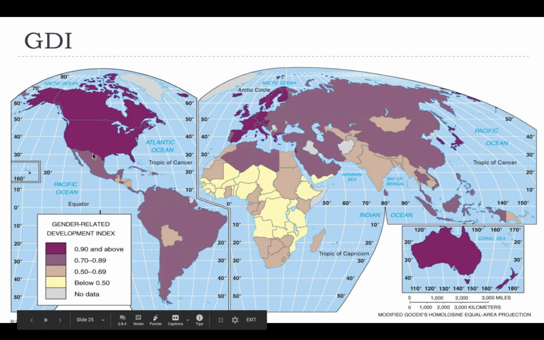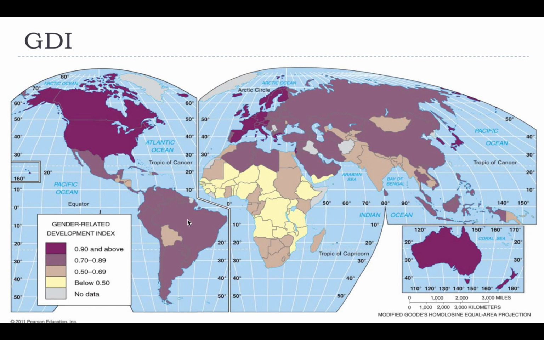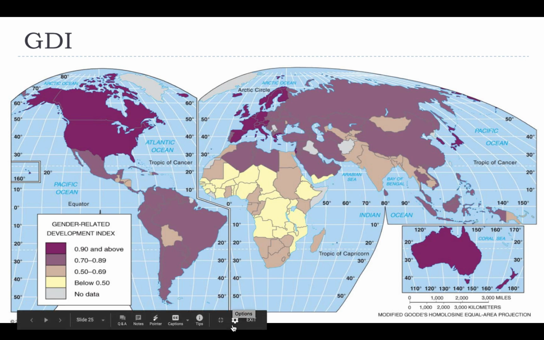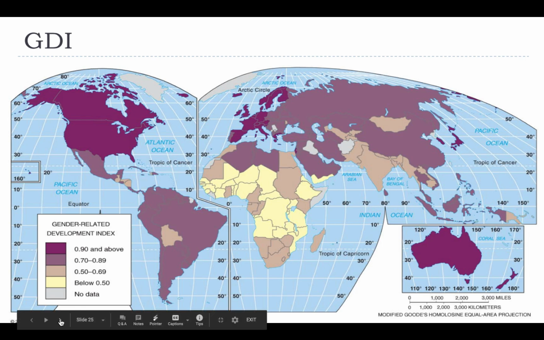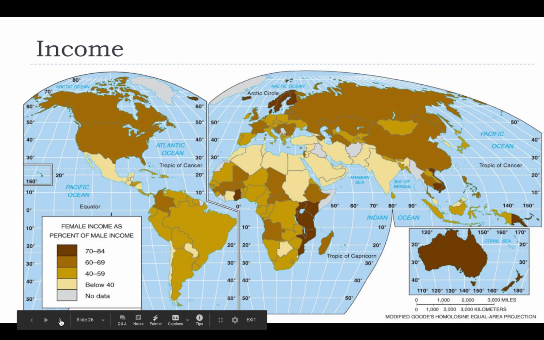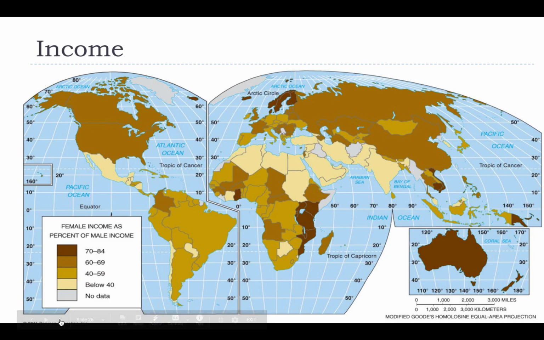Gender Development Index, we can see the same pattern. As we just talked about, they're going to be found in DTM Stage 4 countries, or core countries that have the highest development: North America, Western Europe, Northern Europe, Japan, Australia, and New Zealand. And income, but we can see that in some highly developed countries, there isn't a perfect gender equality index.